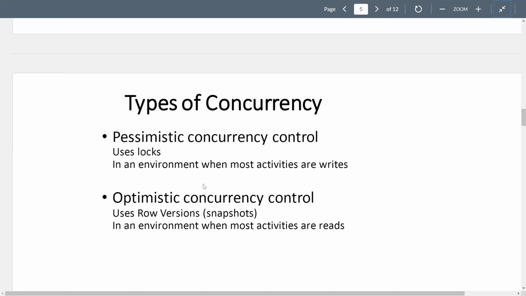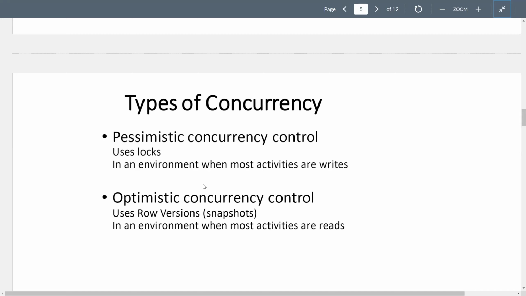If you do not do something to avoid the problems, then the problems will occur. So that's the meaning of pessimistic. Pessimistic concurrency control is usually used in an environment where you have a lot of data changes, a transactional environment. And when we implement pessimistic concurrency control, we use locks. So locks are more restrictive.